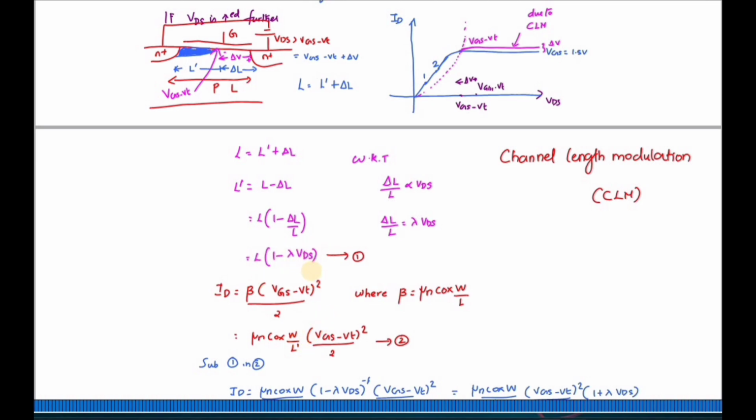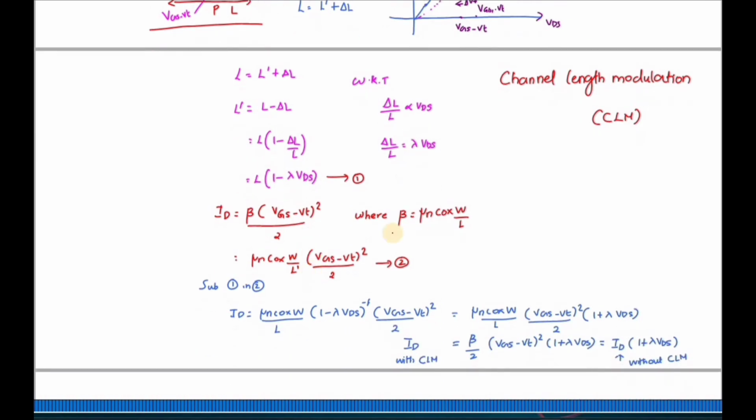If I substitute the first equation, I will get ID is equal to mu n Cox W divided by L into (1 minus lambda VDS) to the power minus 1, times (VGS minus VT) the whole square divided by 2. I can write (1 minus lambda VDS) to the power minus 1 as approximately 1 plus lambda VDS.